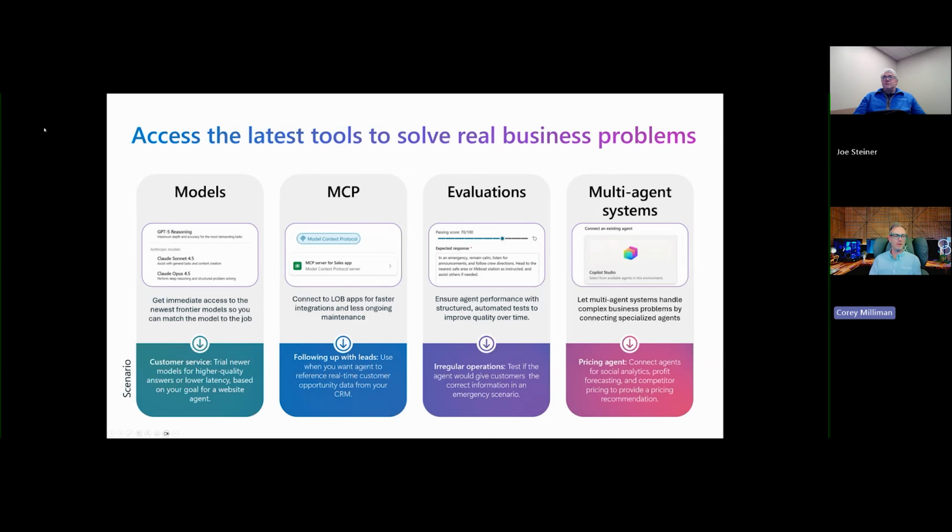I'm just going to go over a couple of slides before we actually jump into the demo today. So we have these tools, and when it comes to our custom agents, we really want to find the right models that are going to align with our business problems. So say you're building a customer service agent on your website. You might want a model that helps deliver faster answers to your customers, or one that gives you the most well-reasoned responses.